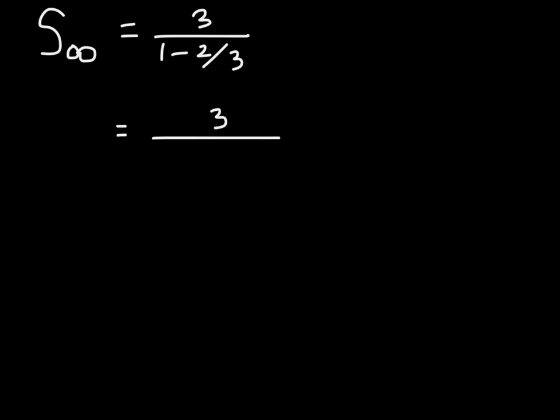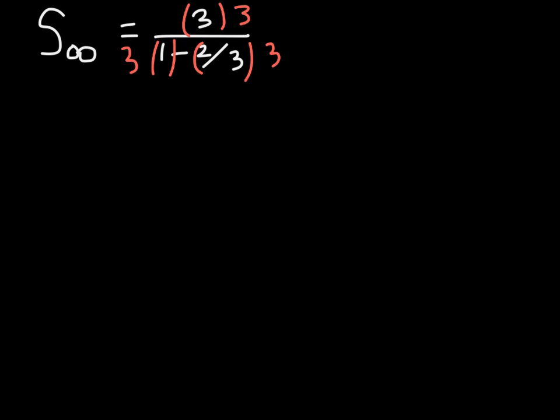Now remember, that 1 minus 2/3, you know what? I'm going to do it this way, all right? I just changed my mind. Give me a second. There's a few different ways for you to simplify a complex fraction. What you can do is multiply every single term by the LCD. Now, the only denominator I see is 3, so my LCD is 3. So I can multiply this by 3, this term by 3, and this term by 3, right?